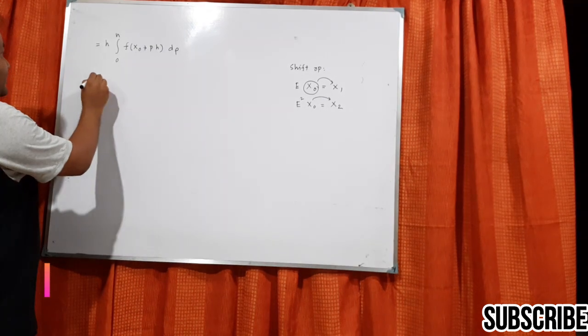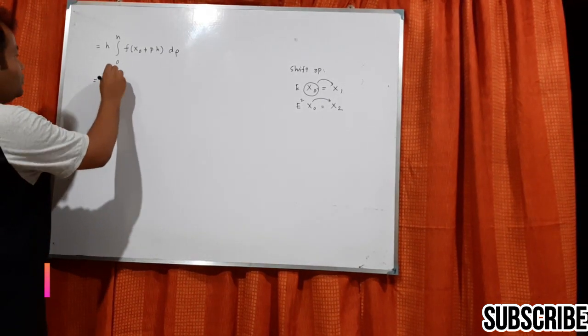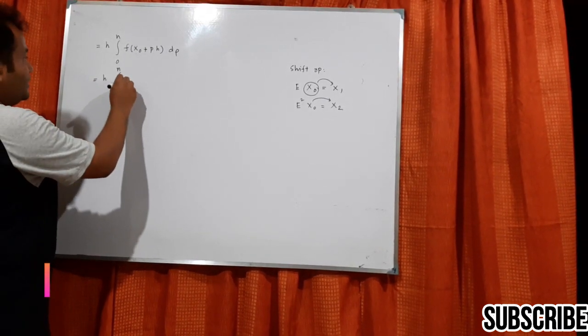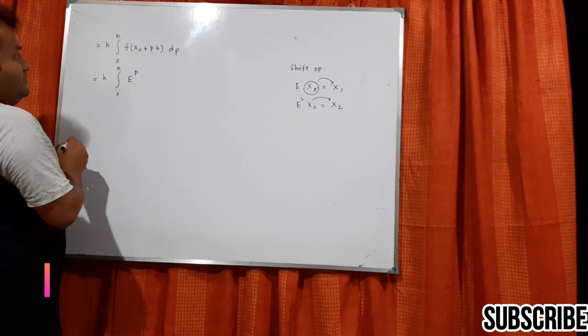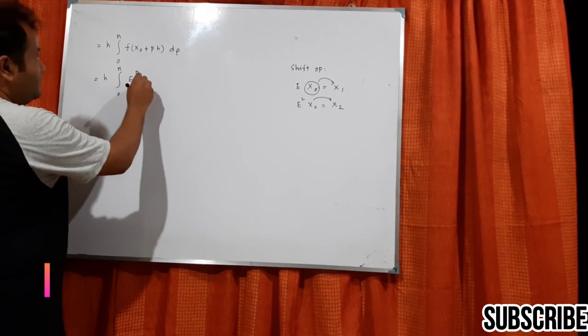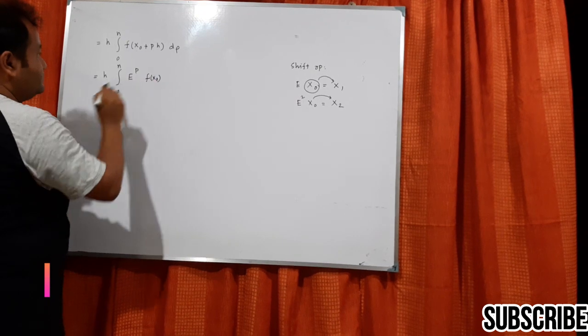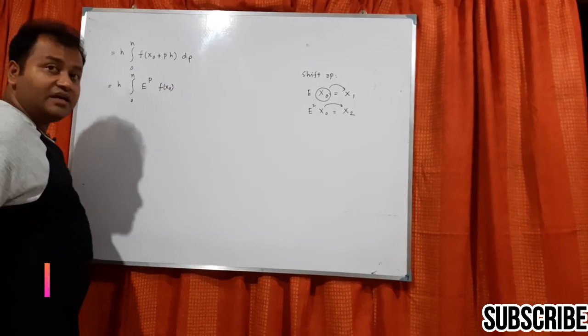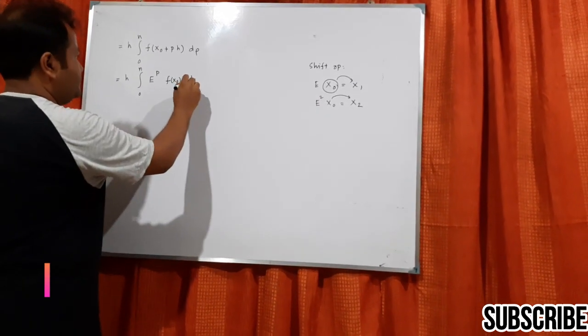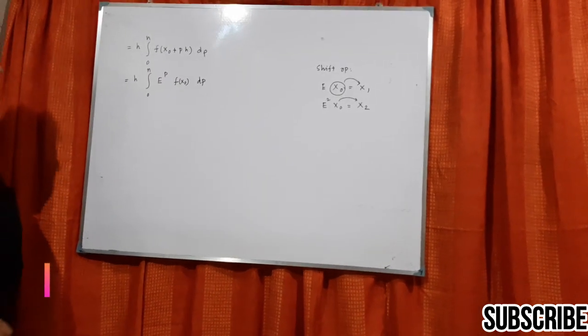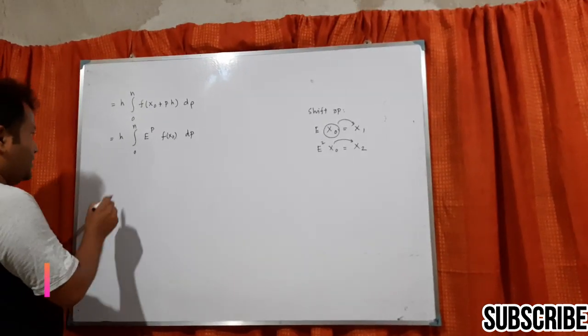So this can be written as h times the integral from 0 to n of E power p of f of x naught dp, because f of x naught is jumping p steps. Understand? So where E is the shift operator.